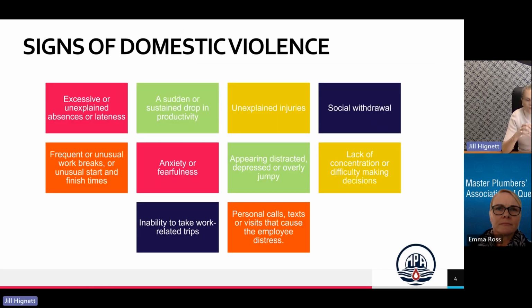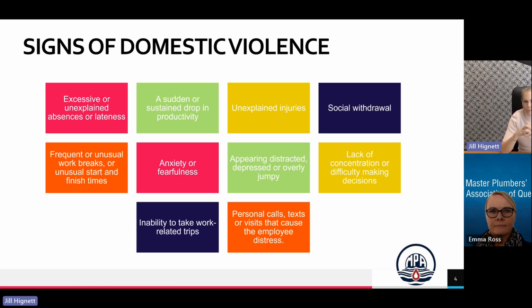So there's a fine line between obviously looking after and caring for your employees and showing that you do care about their circumstances, and invasion on someone's privacy. So I think it is a fine balance to know how you should approach signs if you see them and what you should do.